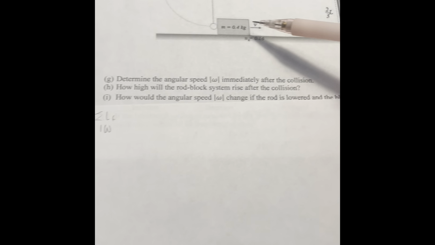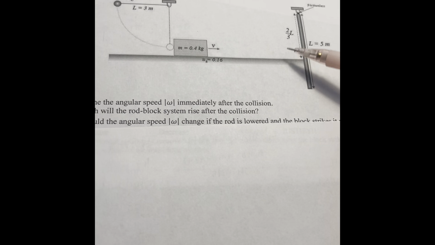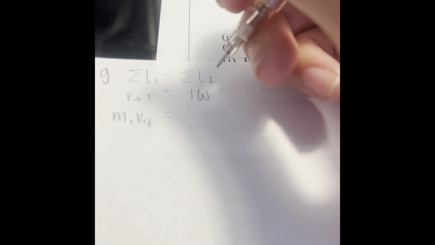So I'm going to set m1, the block, times v1f, because that will be the speed right before it hits the rod, which is equal to I omega, inertia times omega.